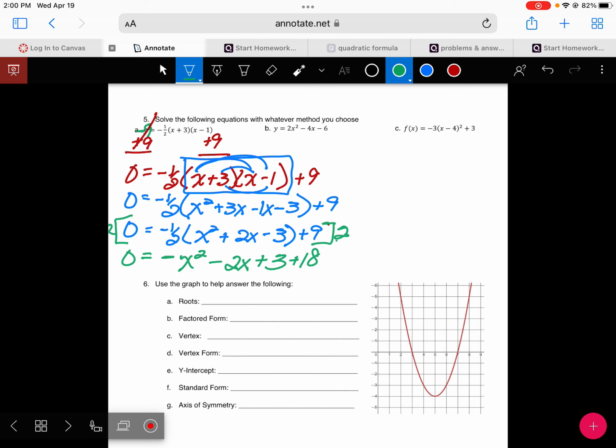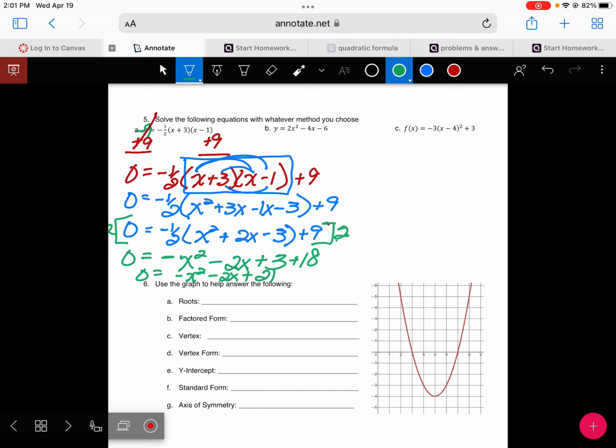Negative x squared, negative 2x, plus 3, plus 18. I think that's right. Okay, so then simplifying here, 0 equals negative x squared minus 2x plus 21.